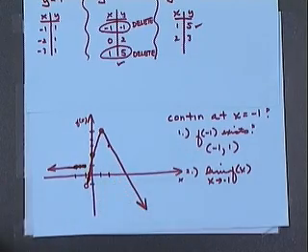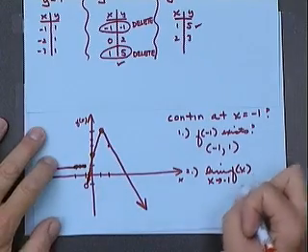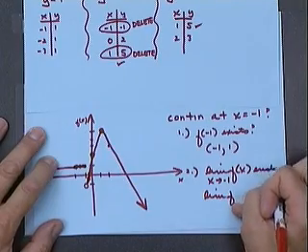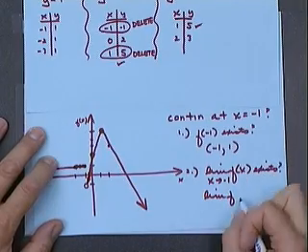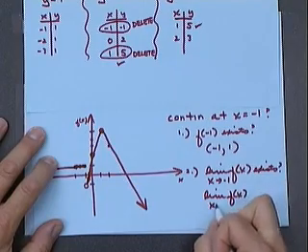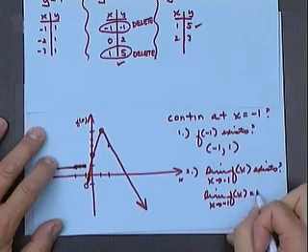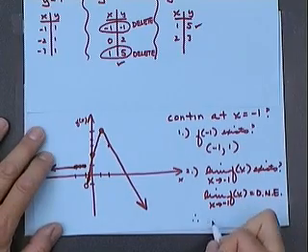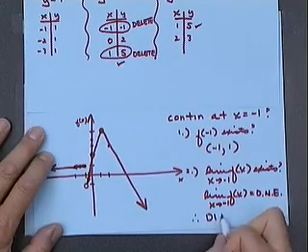So does it have a limit as x approaches negative 1 from both sides? No. Does not exist. So therefore, it's discontinuous.